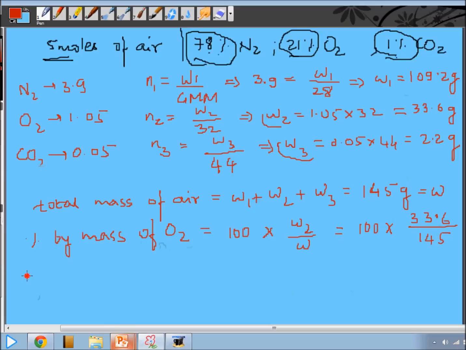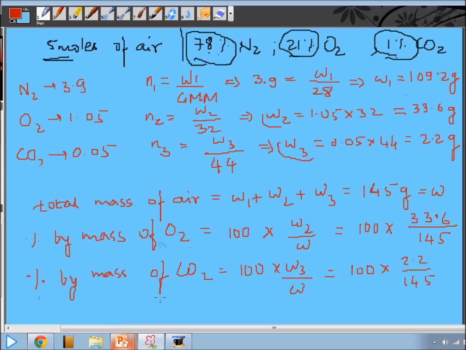Similarly, percentage by mass of CO2 is equal to 100 multiplied by W3 divided by total mass of air, which is W. So 100 multiplied by 2.2 divided by 145. This is your percentage by mass of CO2. And similarly you can calculate percentage by mass of nitrogen.